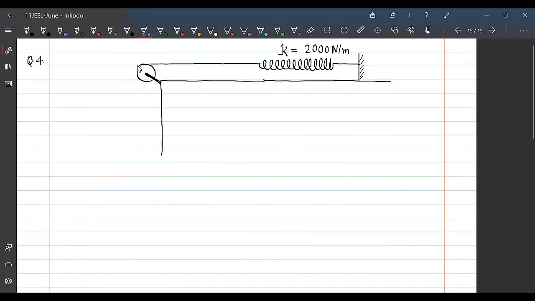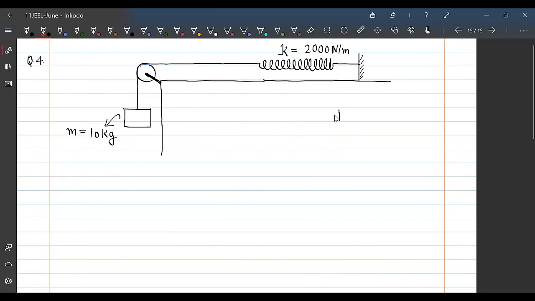And here I have a block attached. This block has a mass of 4 kg, or let us give it 10 kg.